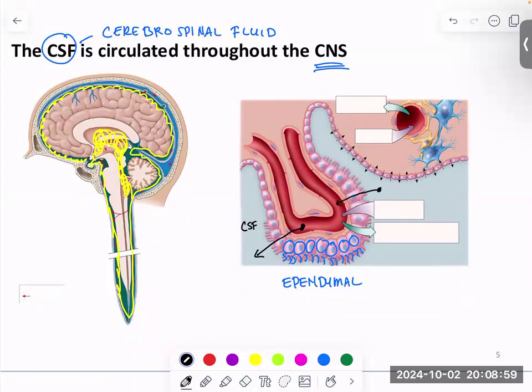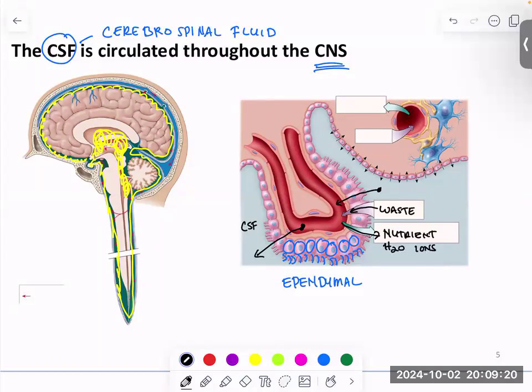What goes back into the blood? Waste. What comes out of the blood? Nutrients, water, ions, everything the neurons need to stay alive.